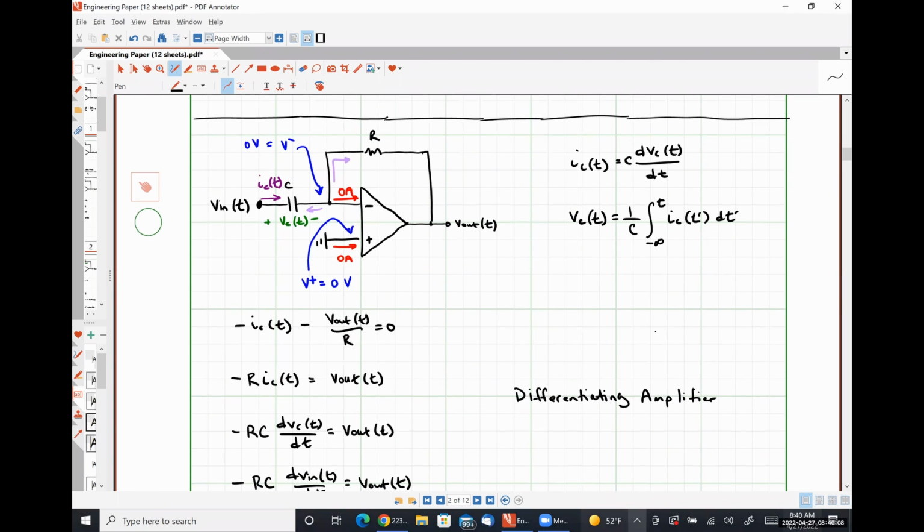Step number 1, apply op-amp rule number 1 and determine the voltage V plus. Step number 2, apply op-amp rule number 2 and determine the voltage V minus. Step number 3, apply KCL at the inverting input node.